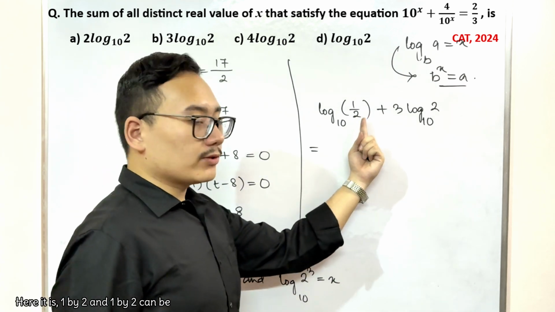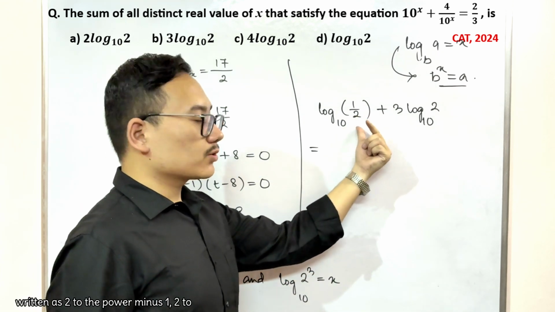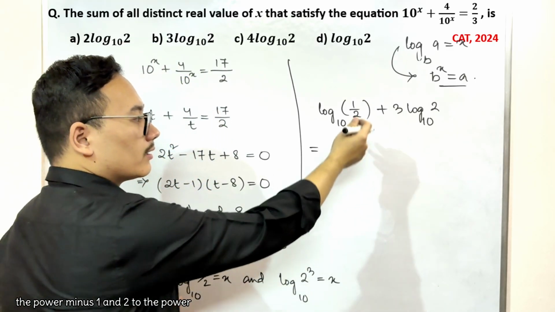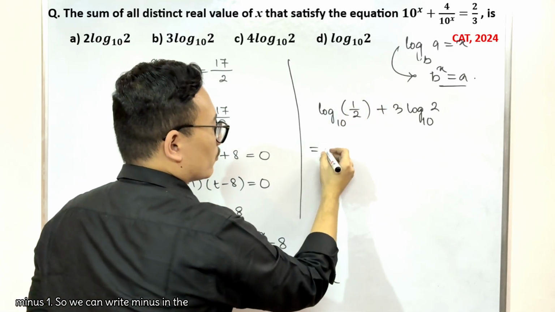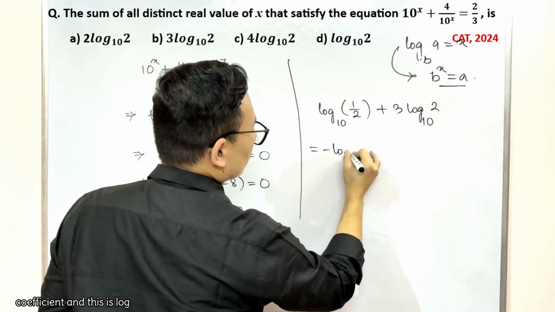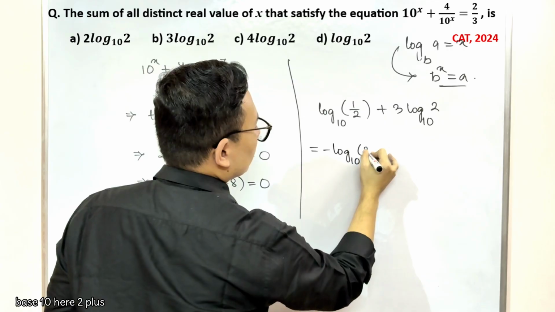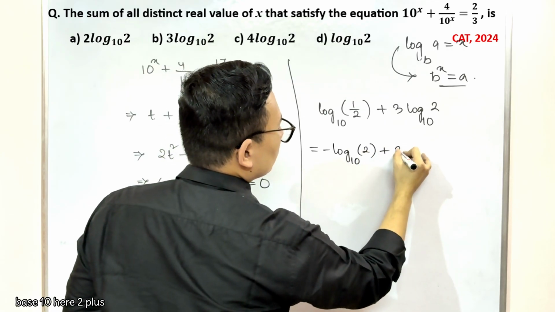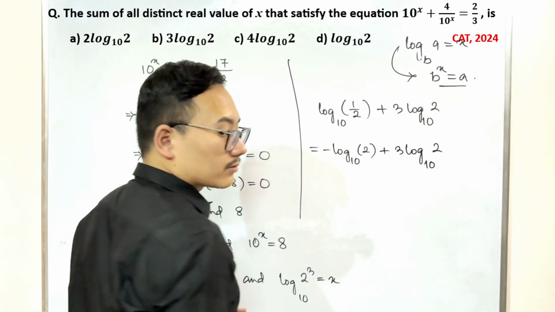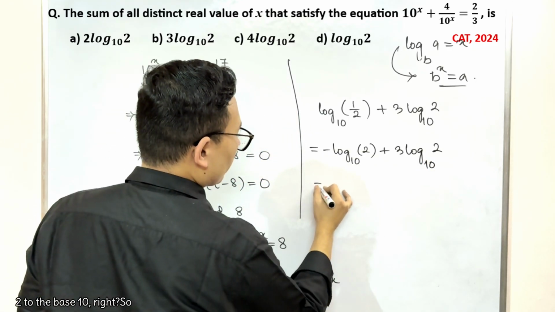Here it is 1 by 2, and 1 by 2 can be written as 2 to the power minus 1. So we can write minus in the coefficient: minus log 2 to the base 10, plus 3 log 2 to the base 10.